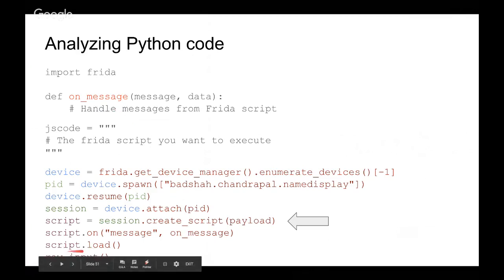Then you go with script.load, that is, load the script in Frida. And raw_input might not seem important, but it is really important because if you don't put this, then the Python script is going to stop. What this means is, till the user explicitly provides any message or presses any key, you can stop the Python program.